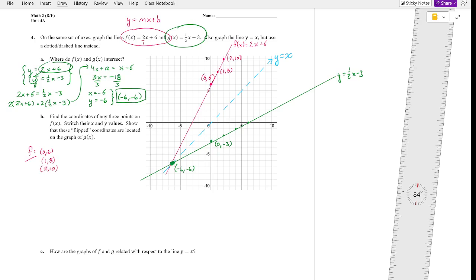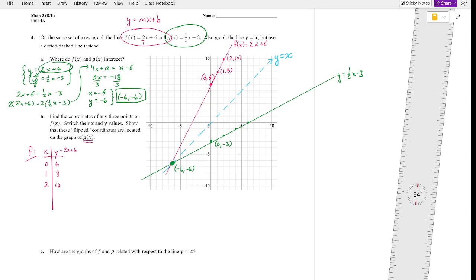Okay, so what I want to show is that on the graph of g, these points show up, but they're flipped. Let me actually write it this way. This might be easier. x, y equals 2x plus 6. So we know (0, 6), (1, 8), and (2, 10).